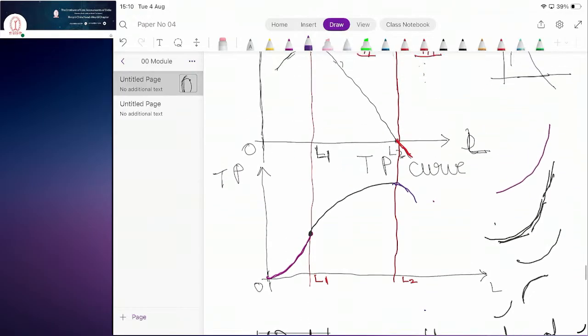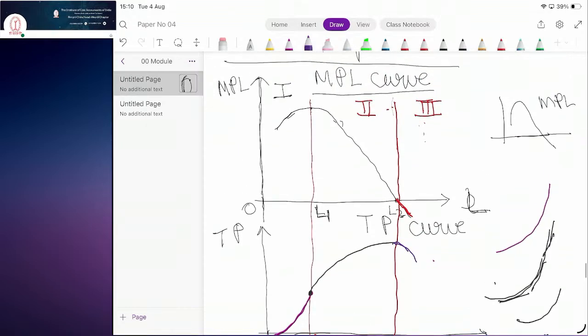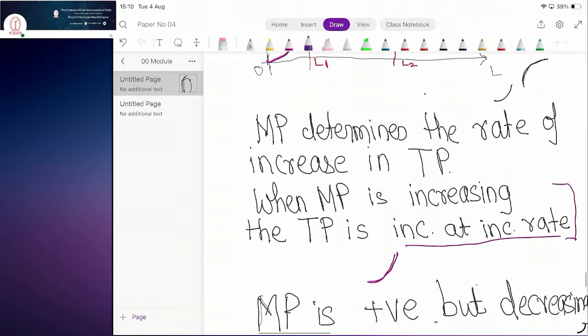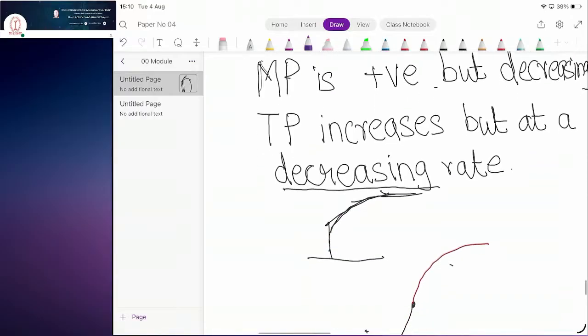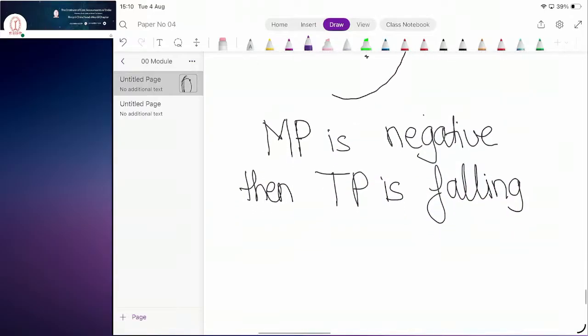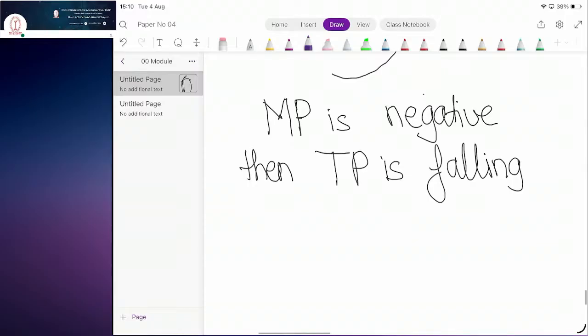Okay, and this is your stage 3. When marginal product is negative, total output is decreasing. Okay, did you all get this? Have you all completed the graph?